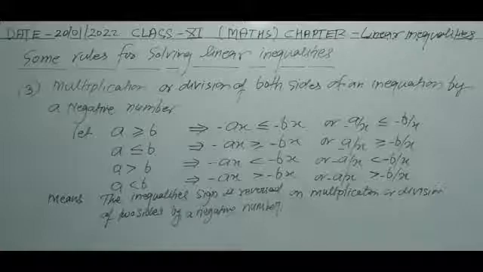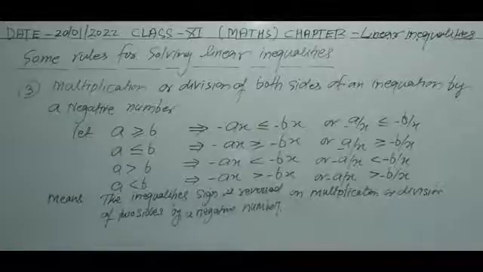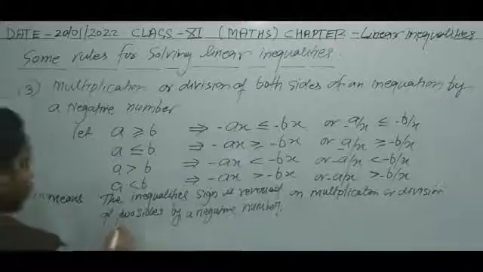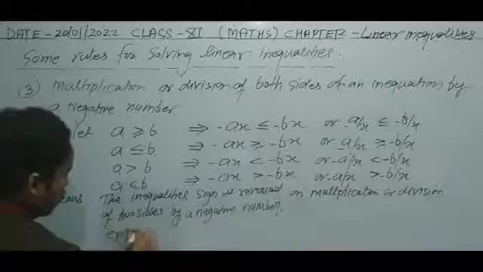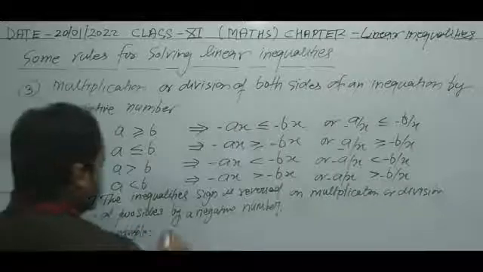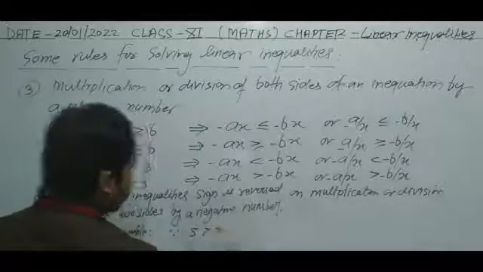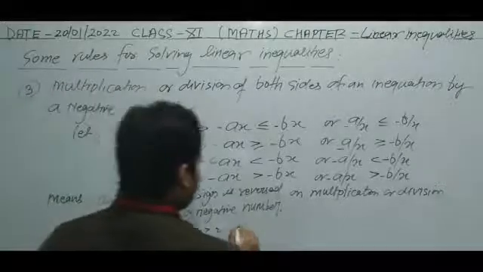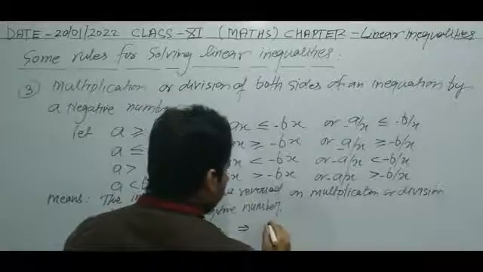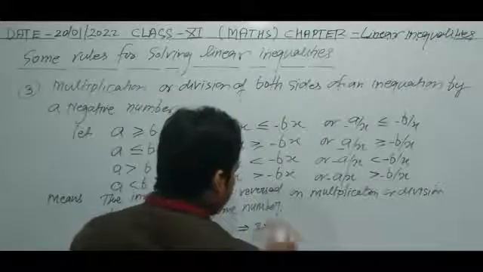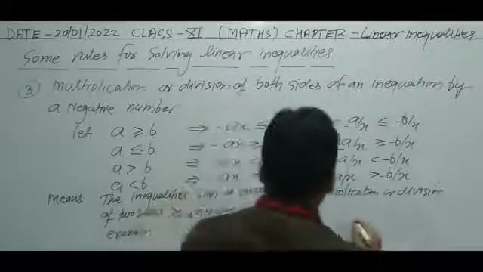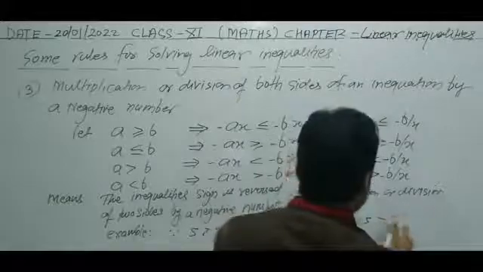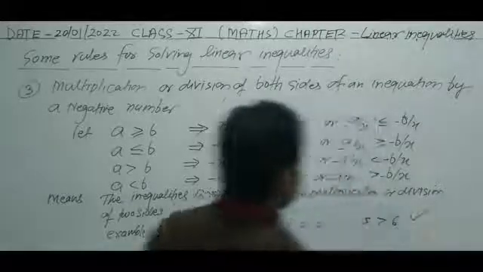Now see, you can take an example. Since 5 is greater than 2, this implies we can write 5 into 3 is greater than 3 into 2, which means 15 is greater than 6. This is correct.